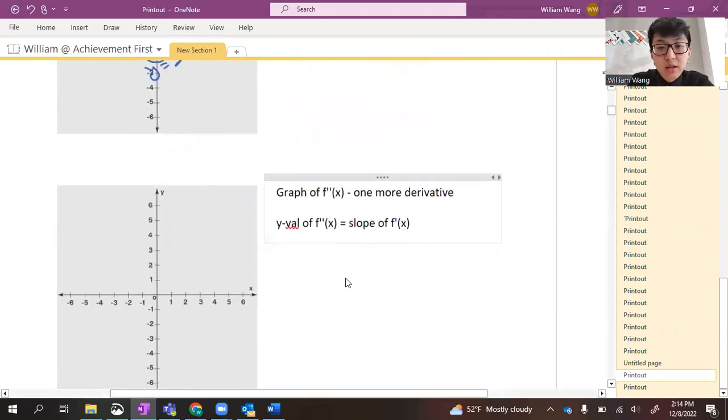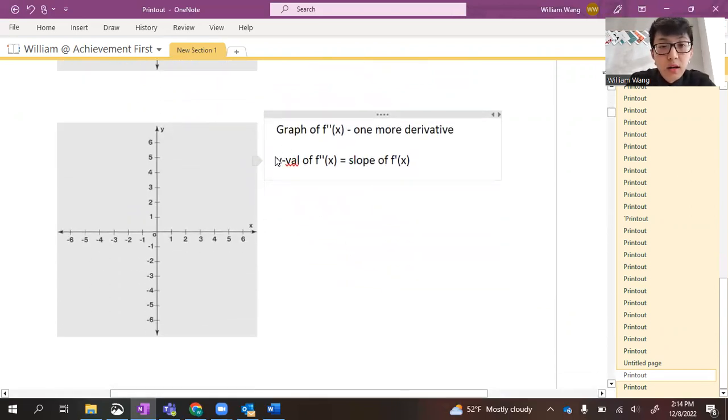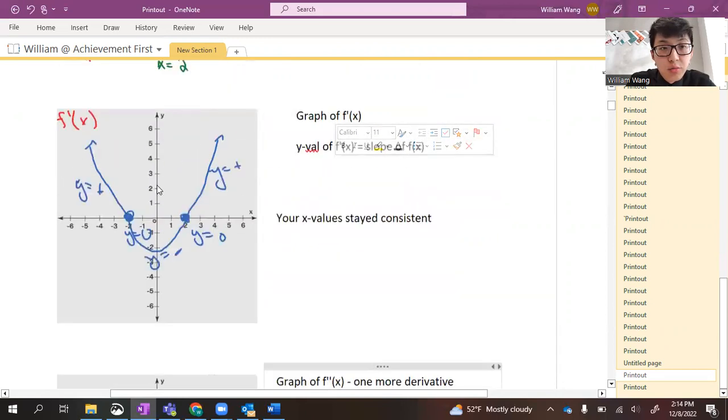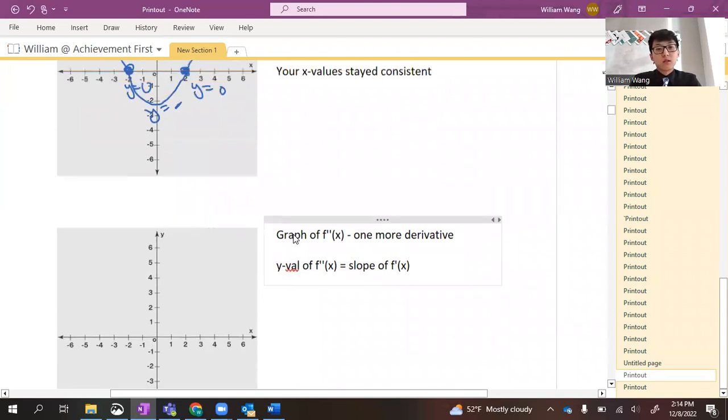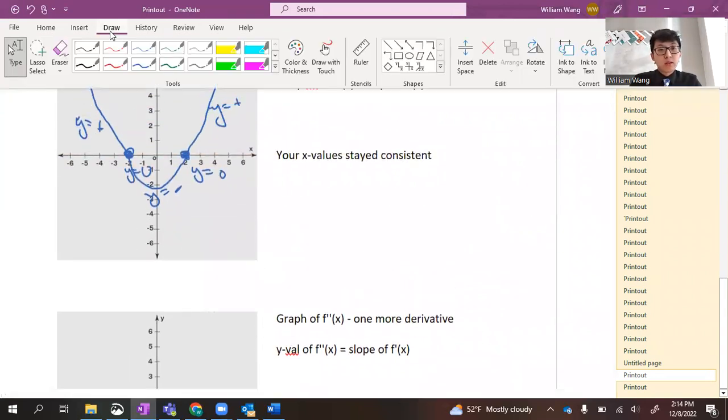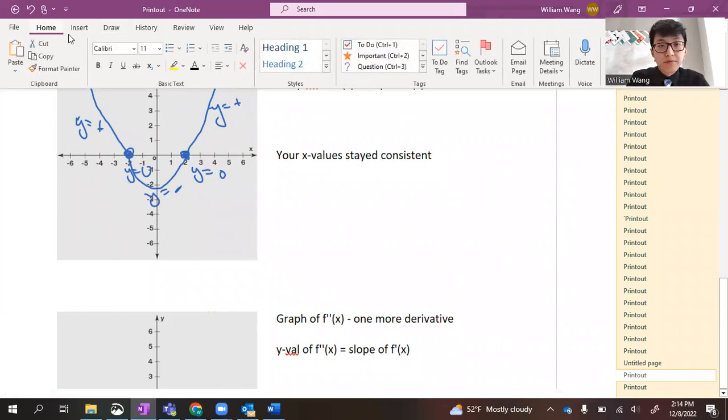So it's the same exact relationship. The y value of my second derivative is the slope of my first derivative. So now I'm basically going backwards one function, doing this whole slope idea again.